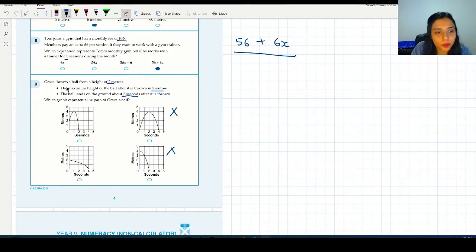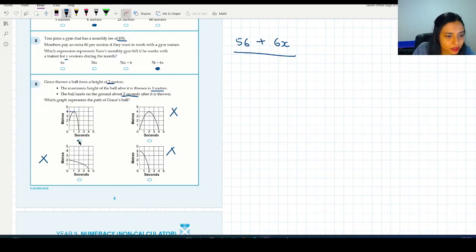Now, the next piece of information we have is that the maximum height of the ball after it is thrown is 4 meters. So between these two, here we can see that the maximum height this reaches is 4 meters. And the maximum height this reaches is really just the 2 meters that it's thrown at. So we can cross this out.